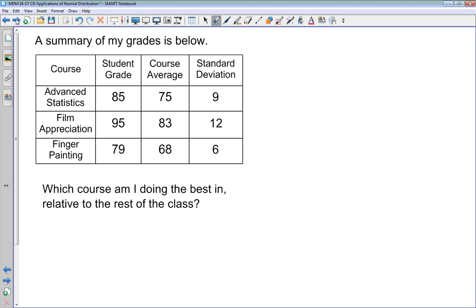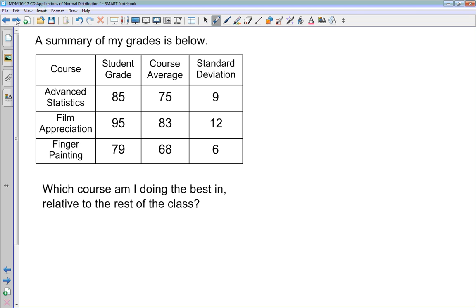So you might look at that and say, okay, well, advanced statistics, he's 10 above the average. That's pretty good. Film appreciation, he's 12 above the average. That's pretty good. And finger painting, he's 11 above the average. So it looks like film appreciation is still really good. He's 12 above the average. But we also have to take into account how spread out the data are.